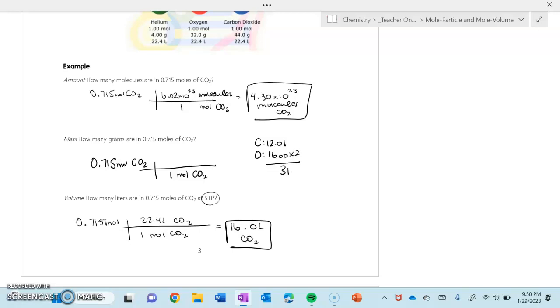So our total there is 44.01 grams. And we use that as our conversion factor. Now our answer, if we plug this into the calculator, is 31.5 grams of carbon dioxide. So all of these represent 0.715 moles of carbon dioxide, just written in different units: molecules, grams, and liters.